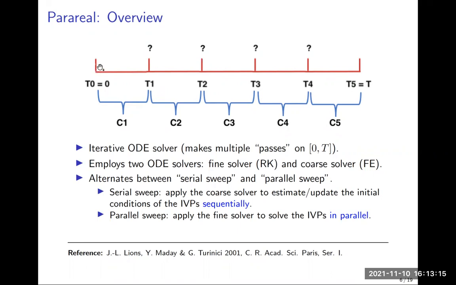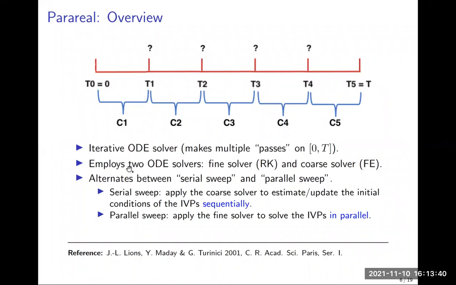You have some time step, and you just move from one time step to the next, to the next, to the next, until you reach time t, and then you're done. And this is an iterative method. Like all iterative methods, you make multiple passes, and from iteration to iteration, you're hoping your solution will be improved.